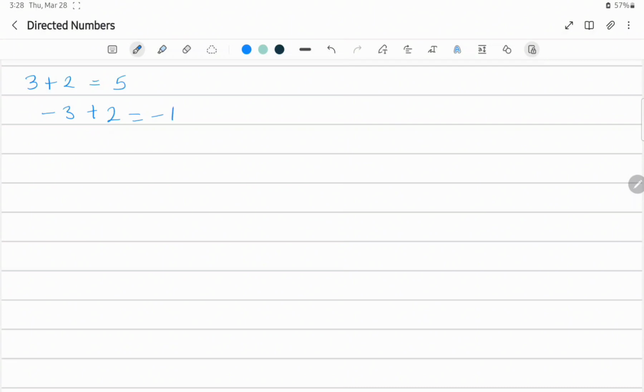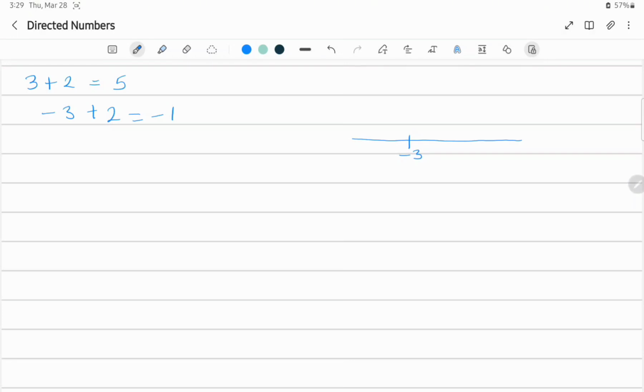There are several ways to add or subtract directed numbers. So the first approach is to use a number line. So on a number line, we are going to put our -3, which is the first number we have. So let's say this is our -3. Then we have an addition sign.